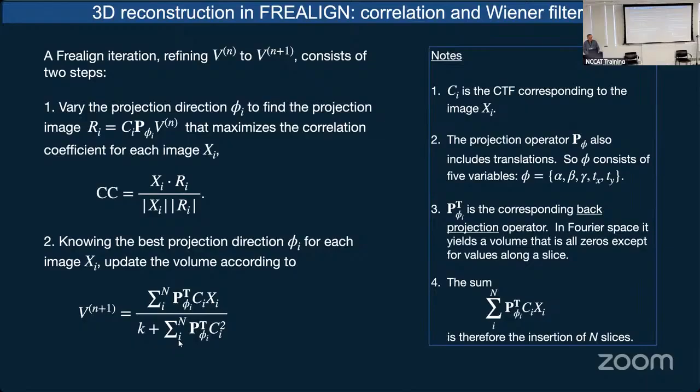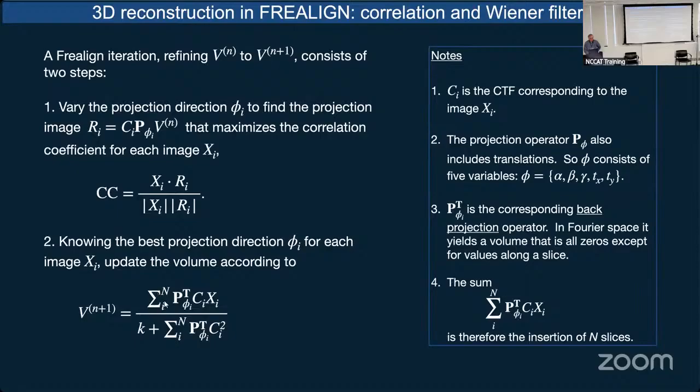And then the way I compute the volume is it's just another Wiener filter. This is what it looks like. I take the image, I multiply it by the CTF, and in the denominator I have the CTF squared. And then I have the transpose of the projection operator. This is the slice insertion operator. This is the thing that inserts the slice into the 3D Fourier transform.